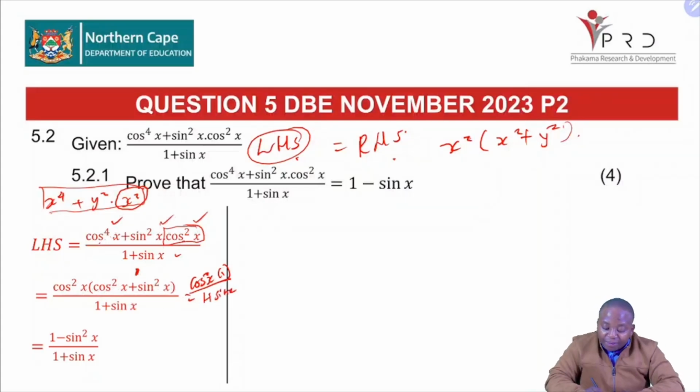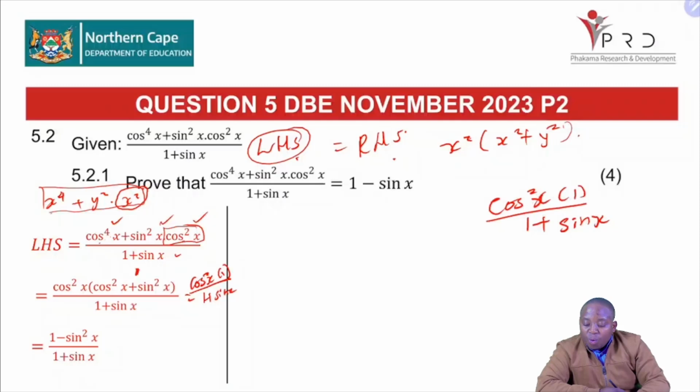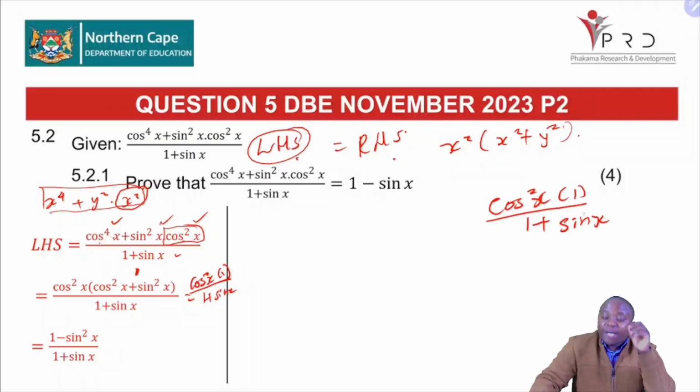Then what do I see? Let us have that again. We're going to have cos squared x into 1 all over 1 plus sine x. What do we see here? We see that we're supposed to have our solution in a certain ratio, which is the trig ratio.